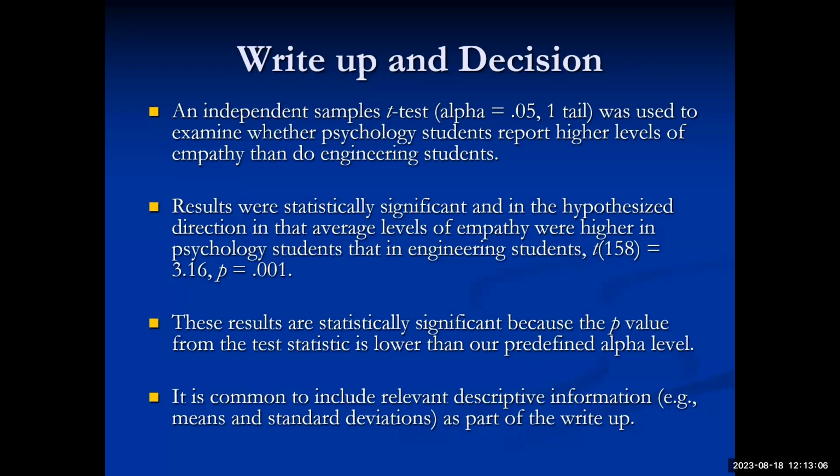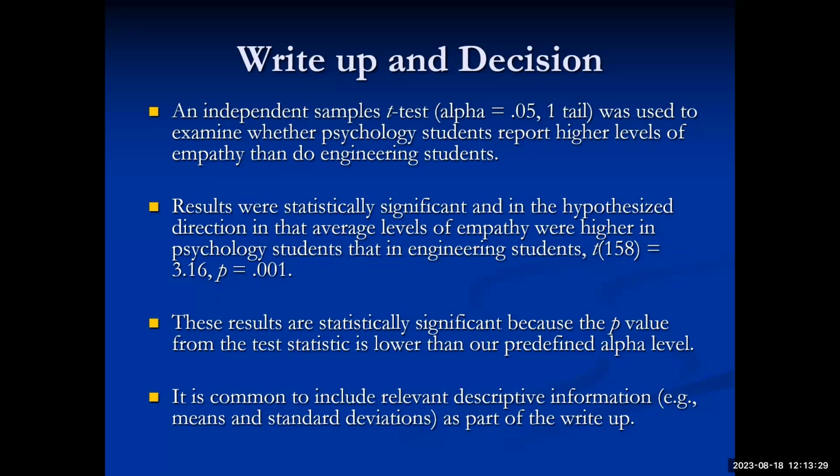Our first statement provides a little context. An independent samples t-test, alpha equals 0.05, one tail, was used to examine whether psychology students report higher levels of empathy than do engineering students. Results were statistically significant and in the hypothesized direction, in that average levels of empathy were higher in psychology students than in engineering students.